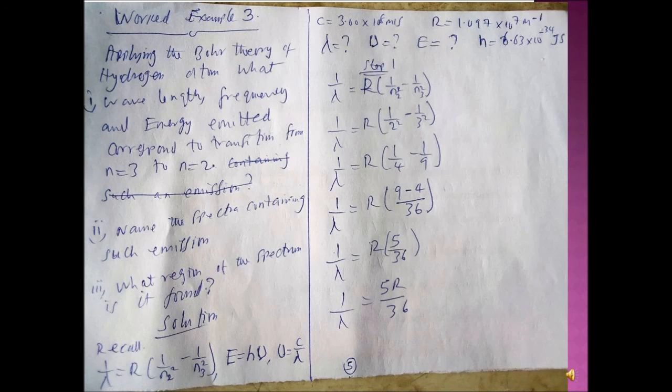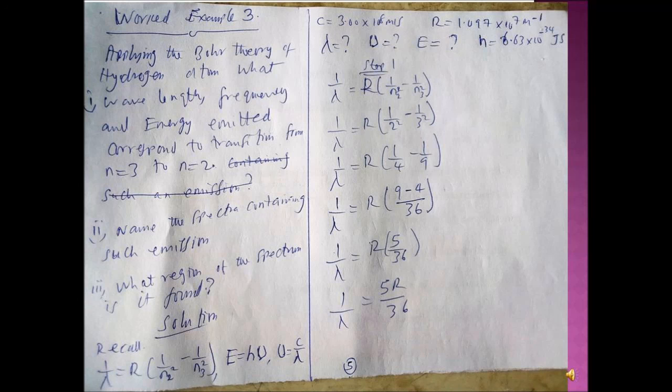So these are the 3 formulas that we're going to use in getting the answer to this question. The first thing you do is collect the data. Frequency is not given, we have to find it, wavelength is not given, we have to find it, energy is not given, we have to find it. But we have 3 formulas that can help us do that. So C is 3.0 times 10 to the power 8, which is our speed, also a constant or a standard.